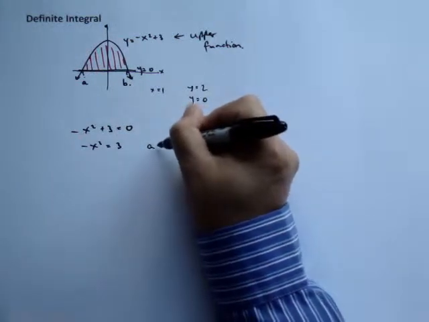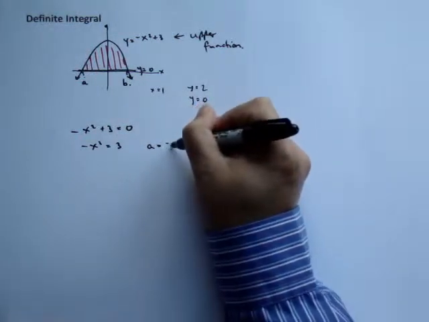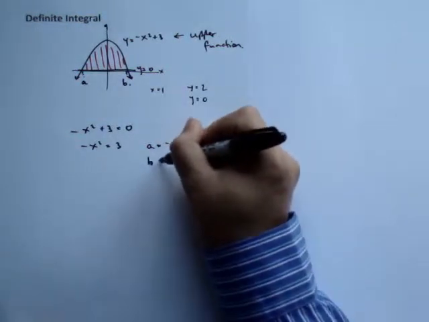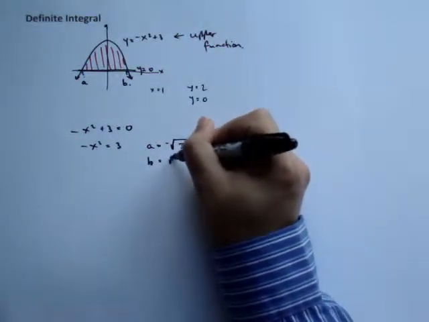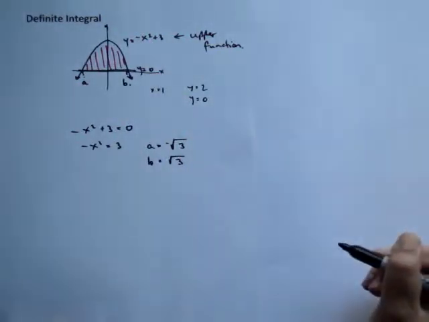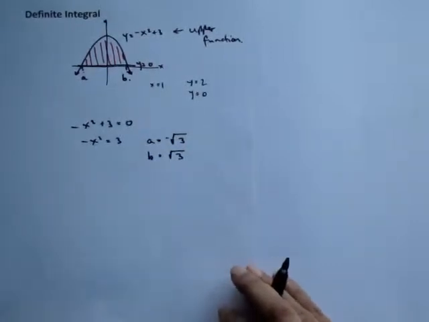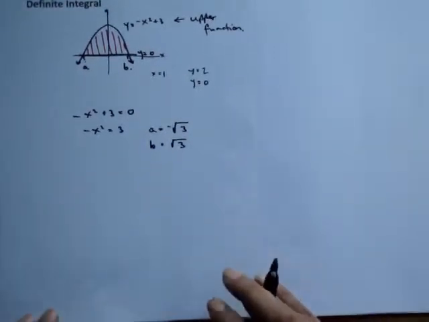So a equals minus square root of 3 and b equals square root of 3. So our a is minus square root of 3 and our b is square root of 3.